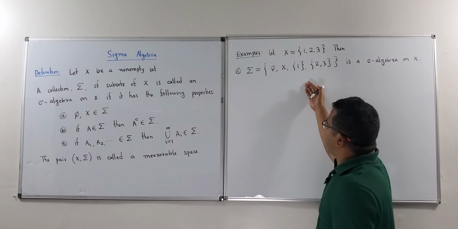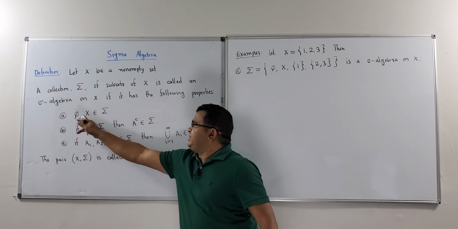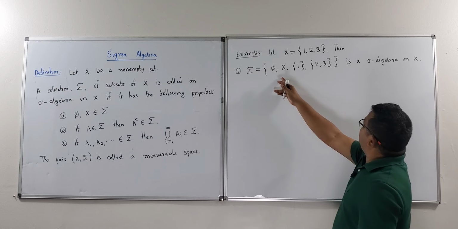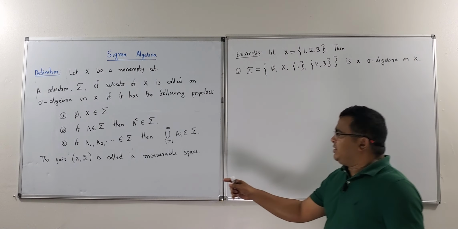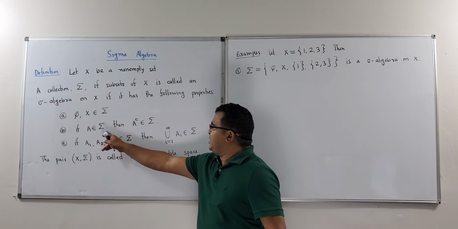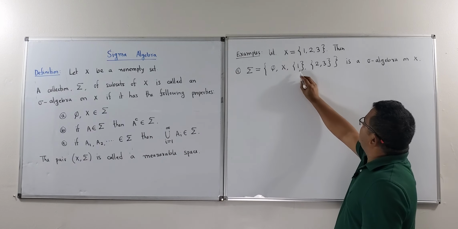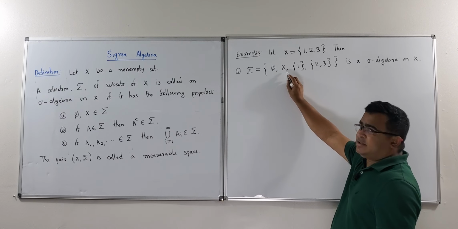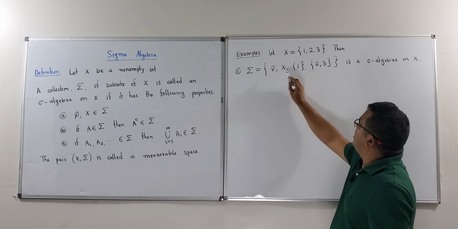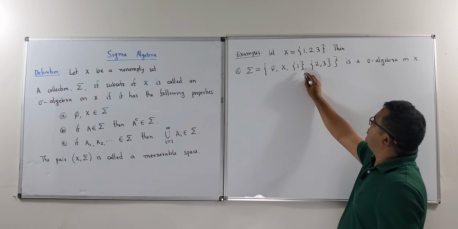Why is this a sigma algebra? Because it satisfies the first property: the empty set and the whole set are in that collection. Now the second property: if A is in that collection, its complement would also be in that collection. Here the empty set's complement is X, X's complement is the empty set, {1}'s complement is {2, 3}, and {2, 3}'s complement is {1}.